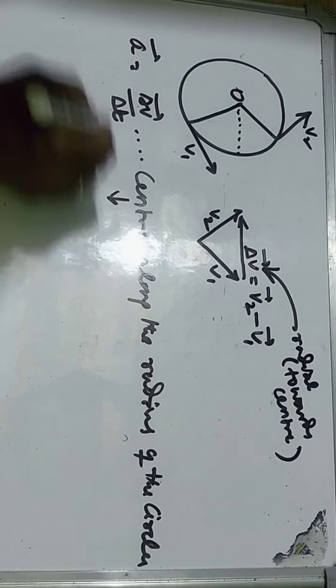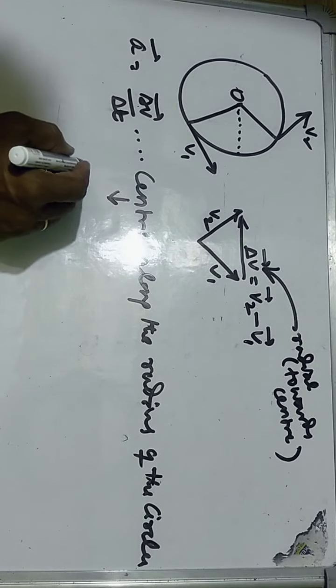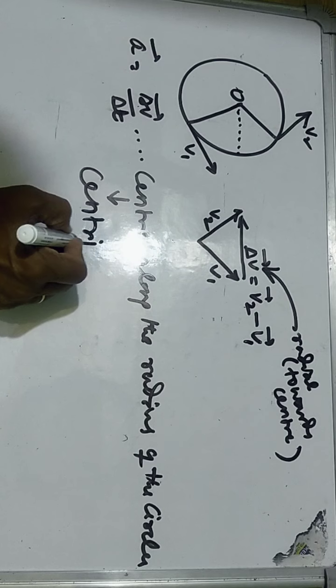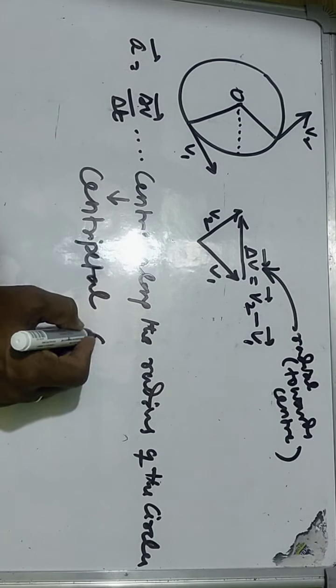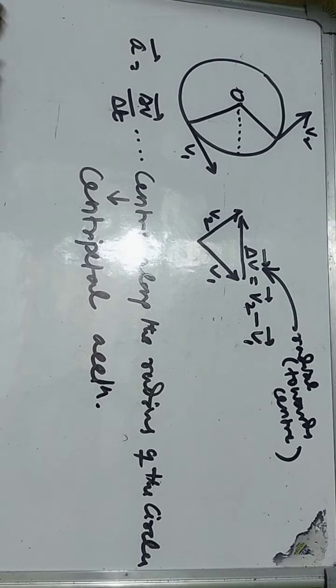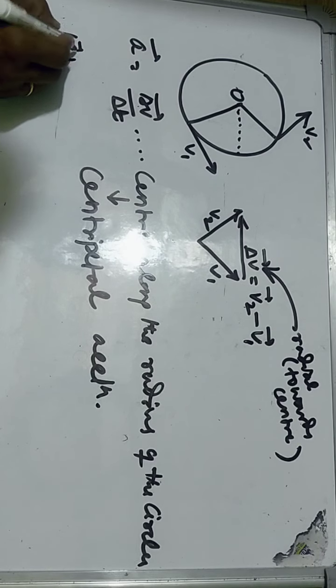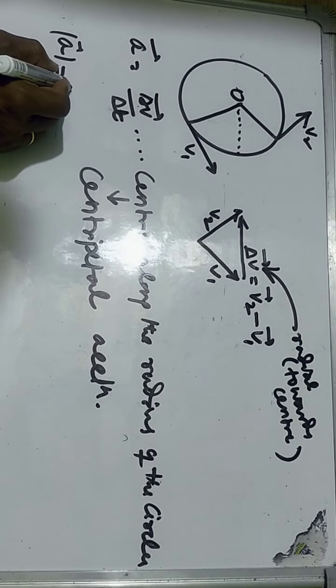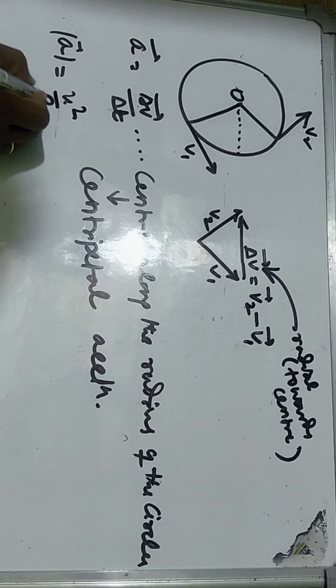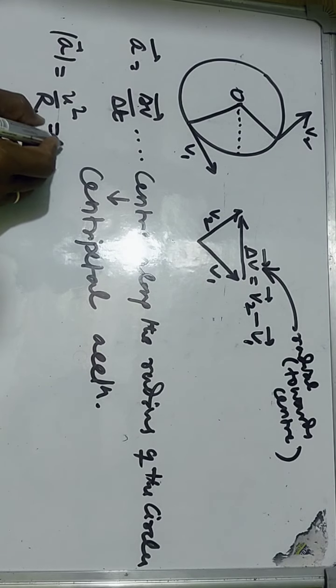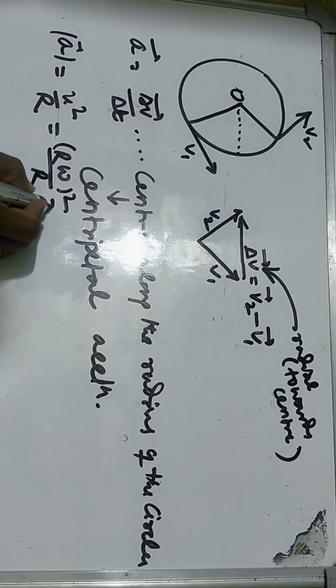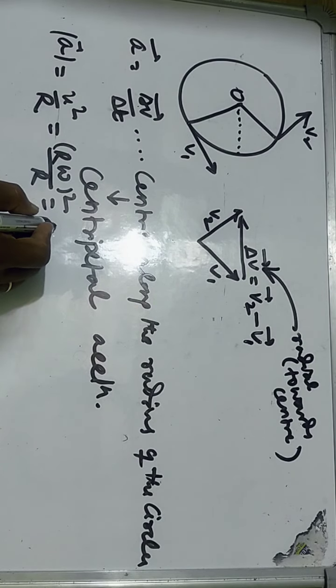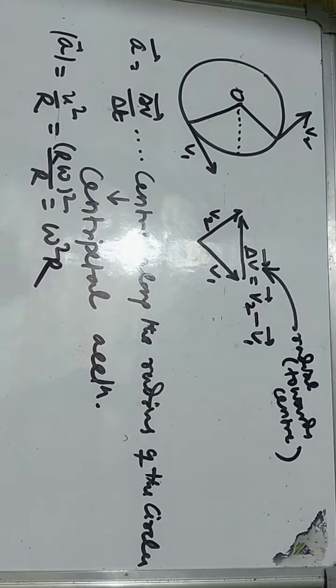Hence, this acceleration is termed as centripetal acceleration, and its magnitude is v square by r, or with v equal to r omega, omega square r.